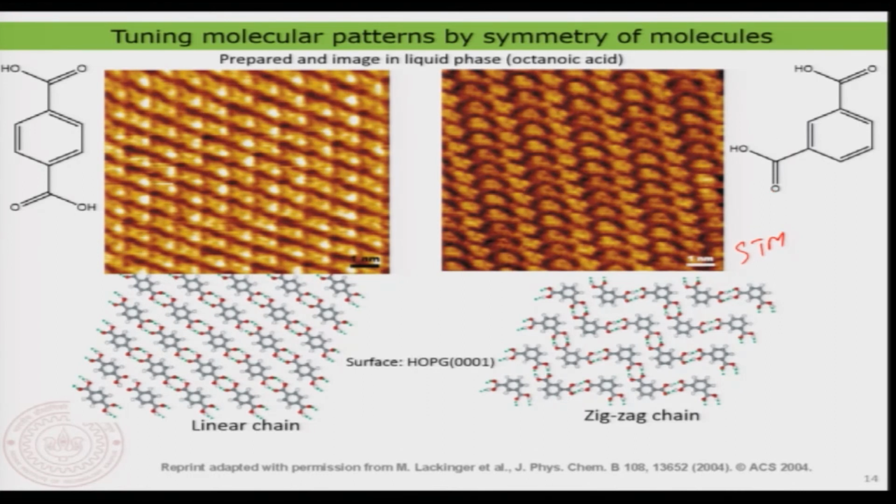Here you can see it is a para dicarboxylic benzene, and this is a meta dicarboxylic benzene. So, depending on the position of the carboxylic group, you can see they are arranging either in a linear fashion or in some kind of a zigzag fashion that is basically allowed by the symmetry of the molecule. So, you can nicely image molecules at the interface.